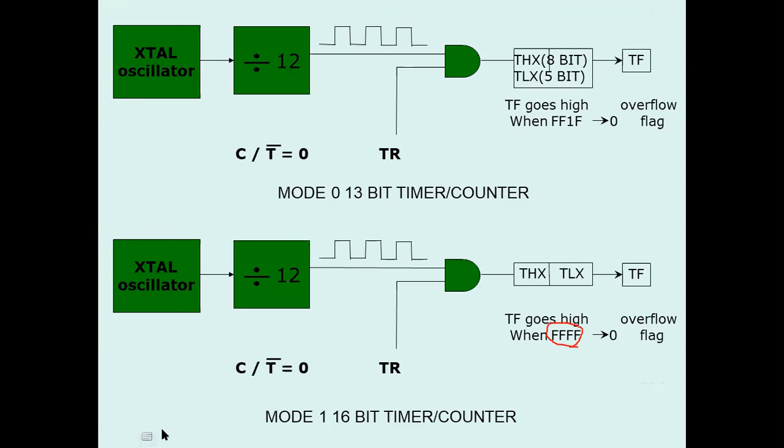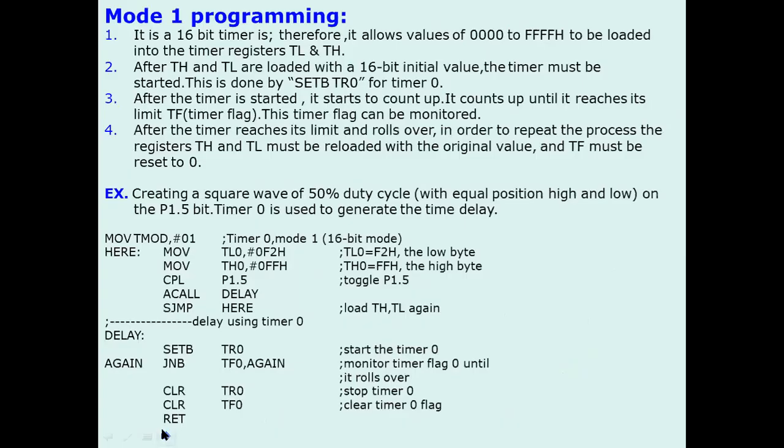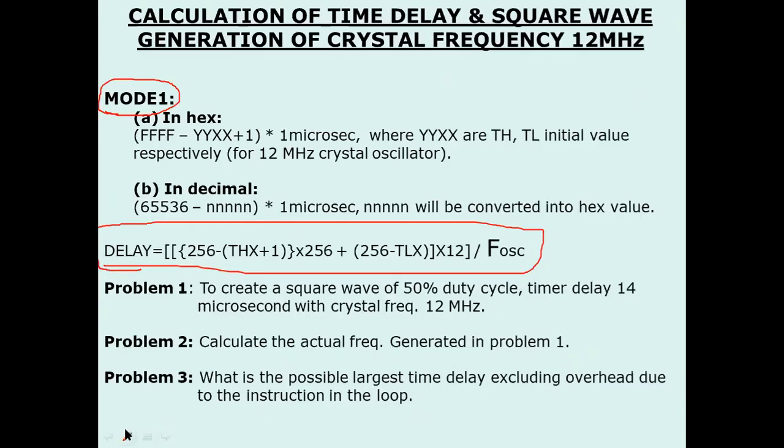That means if we draw like this, FF will be for TH and FF will be for TL. FF means 256 counts, 0 to 255. As the maximum count is 256, this is written 256.